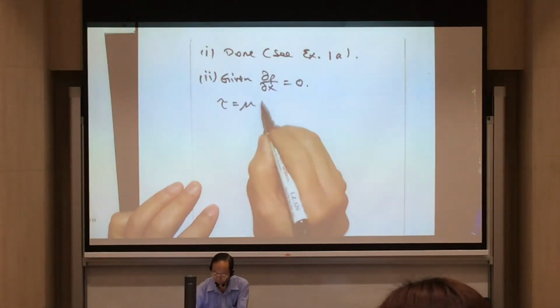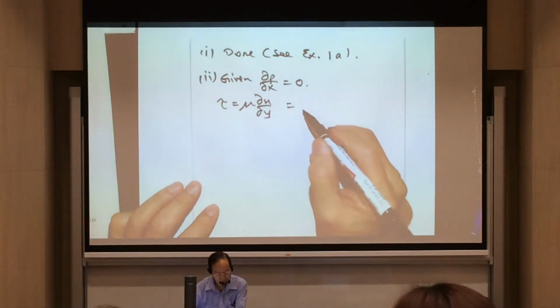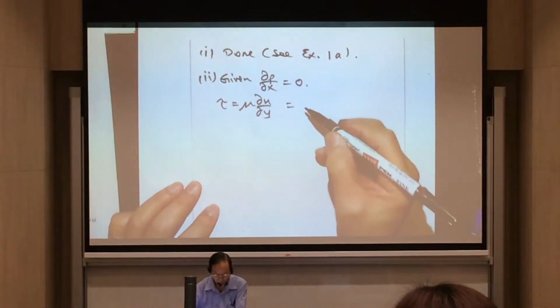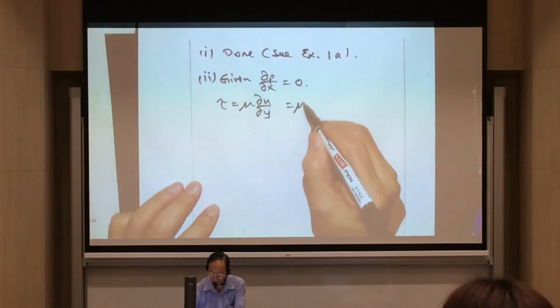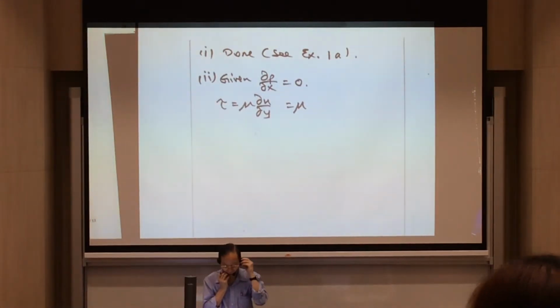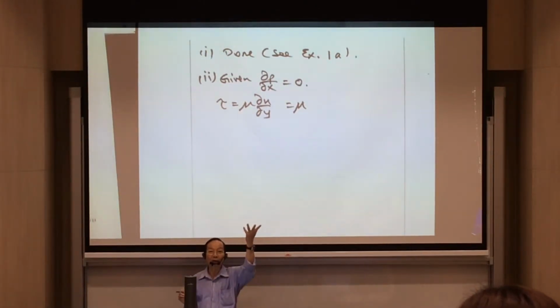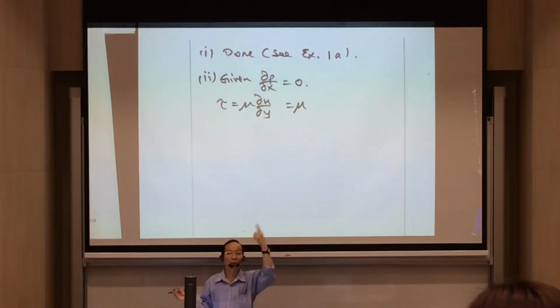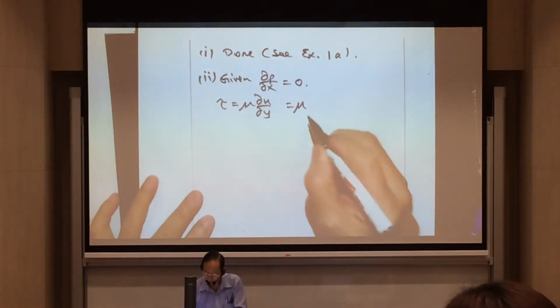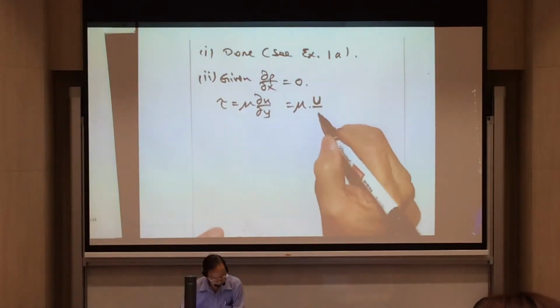It is equal to mu del u del y. What's del u del y? From the first part, you got u already, so you differentiate the expression for u that you got in part 1. Del u del y, you will get what?